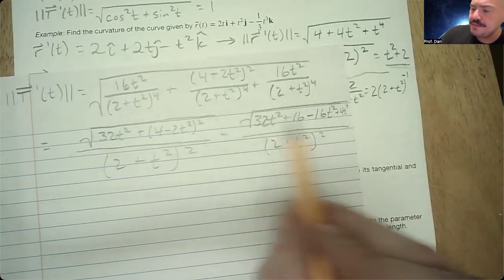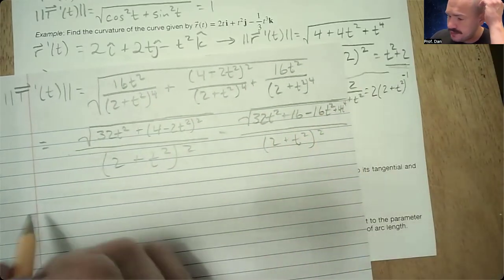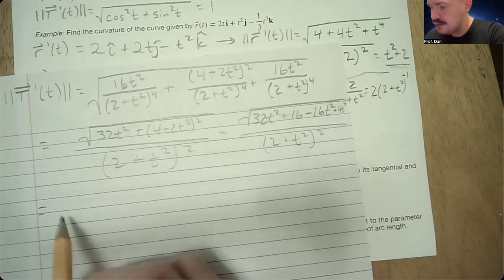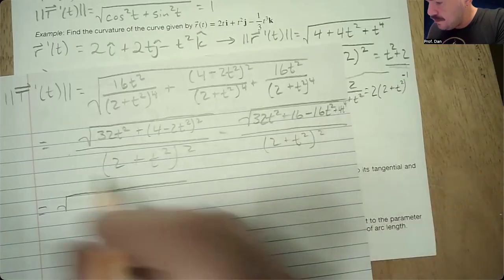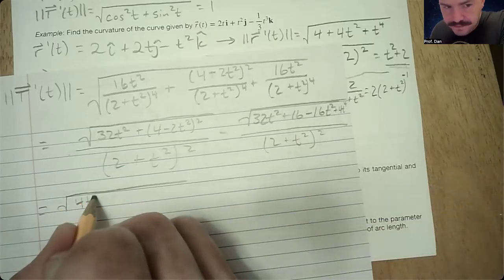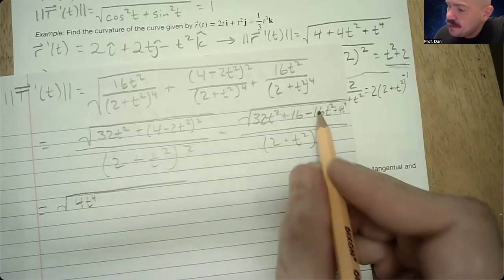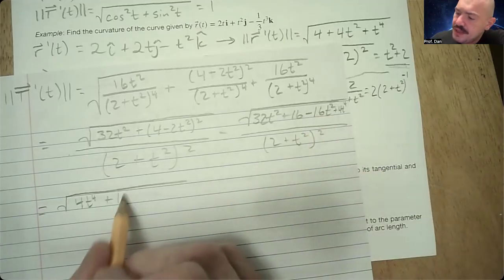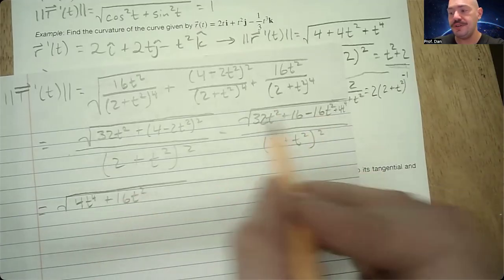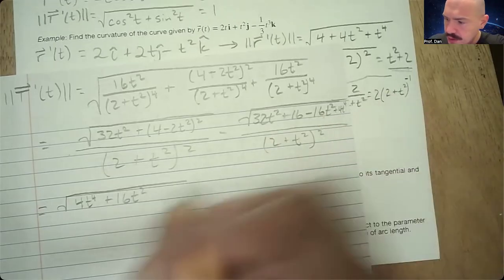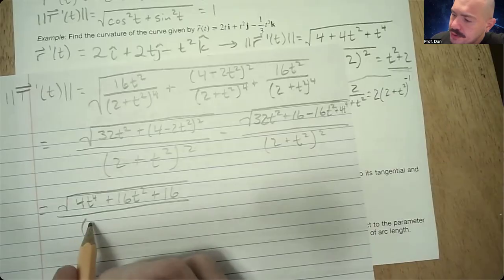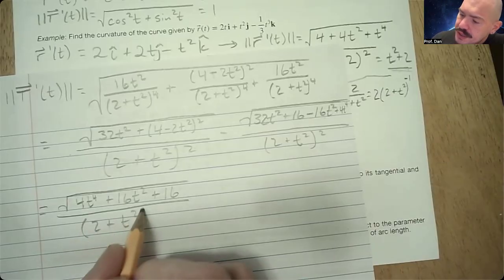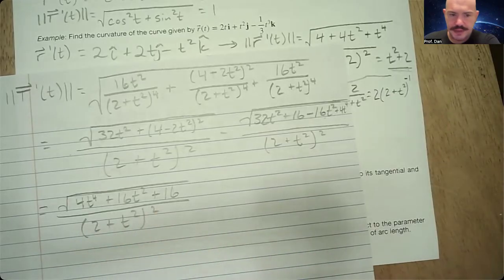Then I have these like terms that I can combine. So I get the square root of 4t to the 4 plus 16t squared, which I got from doing 32 minus 16, plus 16. This is all over 2 plus t squared, squared.